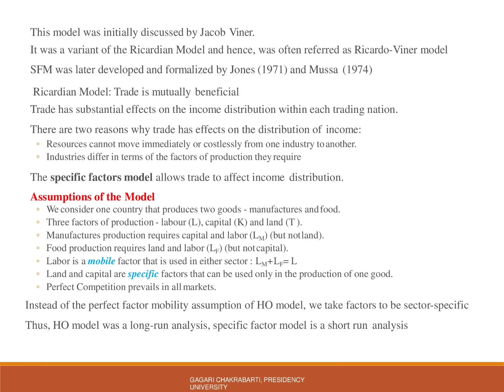Now, we have seen in the Heckscher-Ohlin model that trade acts as a substitute for the international mobility of factors of production. Although in the Heckscher-Ohlin model the factors of production are mobile within the sectors in a particular nation, they are immobile across the different countries.